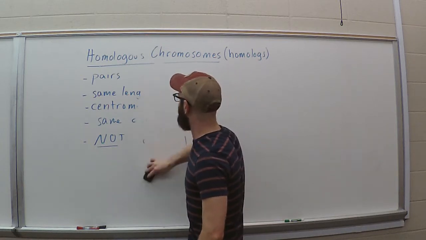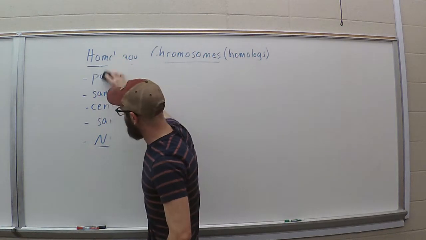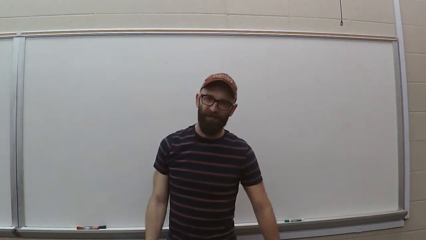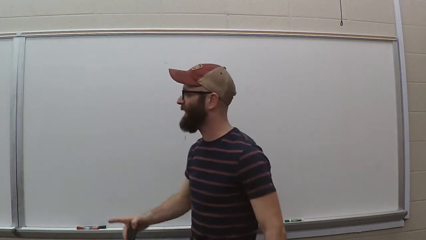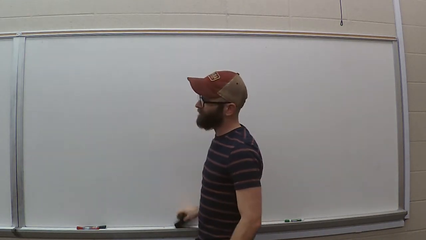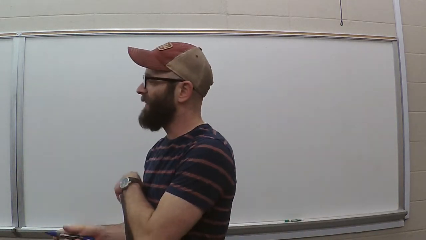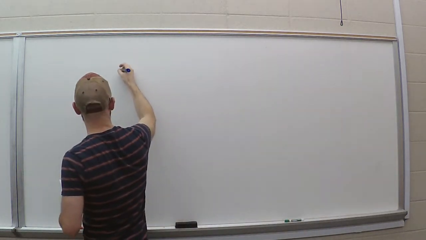So these homologous chromosomes can be visualized. If you look at the first slide on the chapter 13 PowerPoint, what you're looking at there is what we call a karyotype.